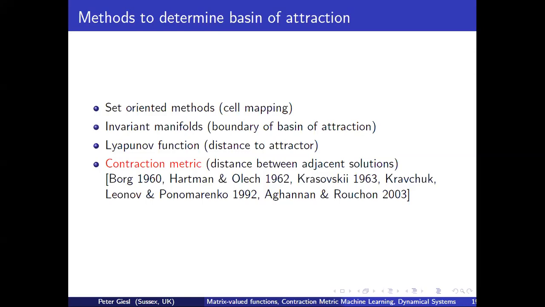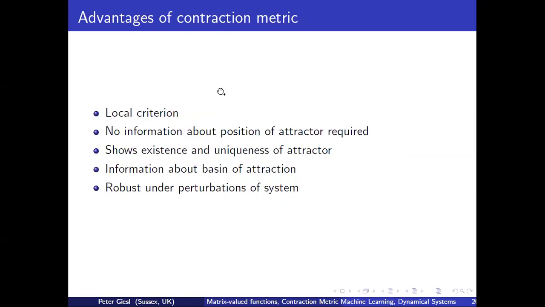It's basically, as I said, a local criterion. And there's a lot of literature going back to Borg in the 60s that deals with these concepts. The advantage of a contraction metric is it's a local criterion, and I'm going to explain exactly how that works.